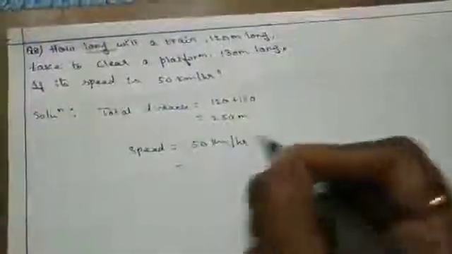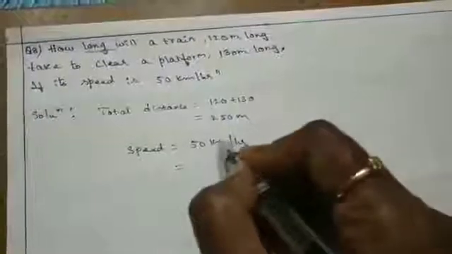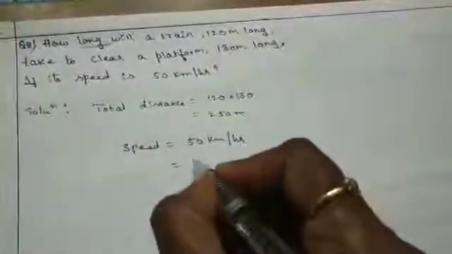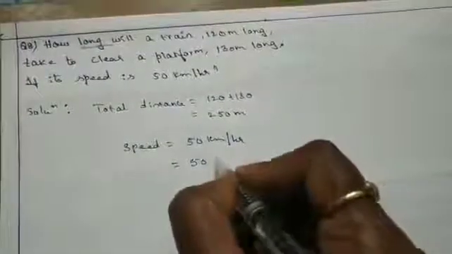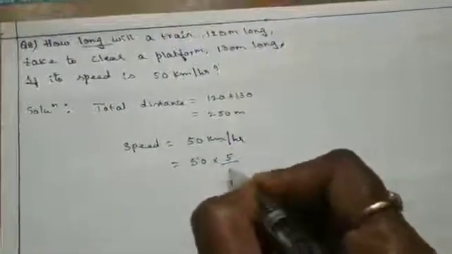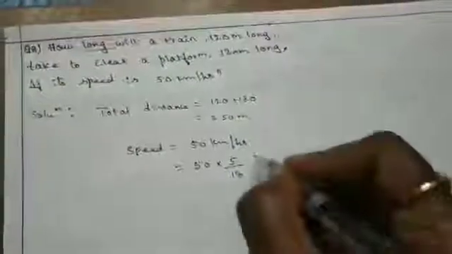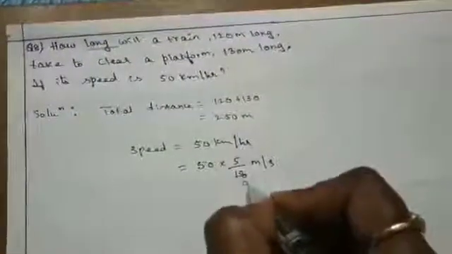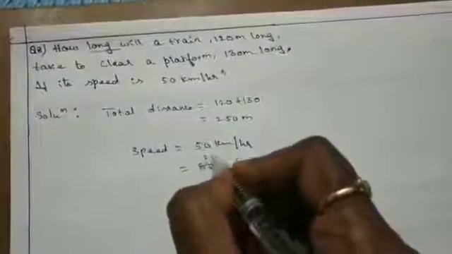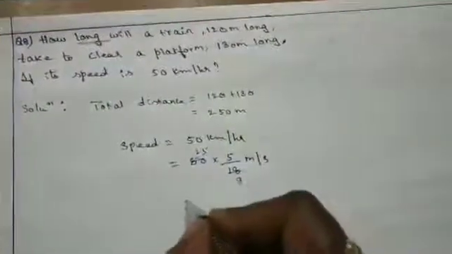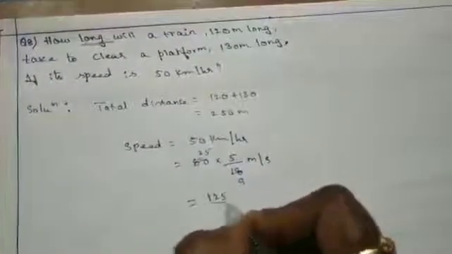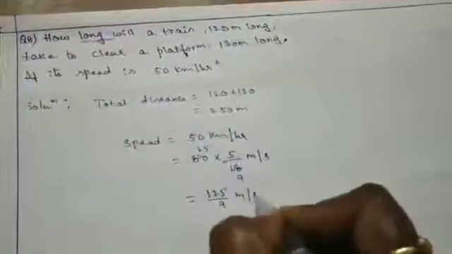So keep in mind, here the distance is given in meters, but the speed is in kilometers. So we'll convert kilometer per hour into meter per second. So 50 into 5 by 18 meter per second. Cancel, 2 9s are 18, 2 25s are 50. Further cancellation is not possible. 25 into 5 is 125 by 9 meter per second.